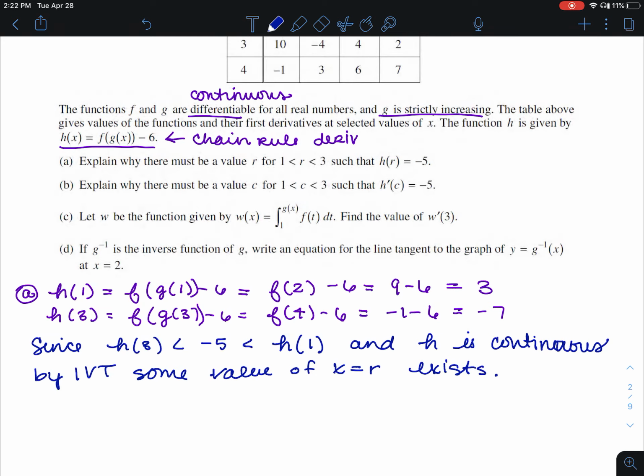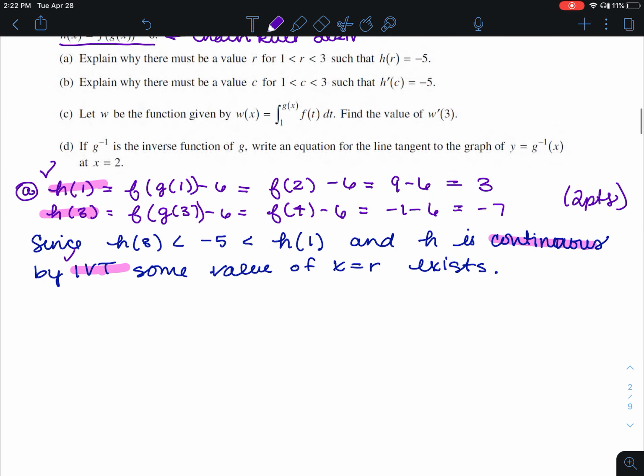And there's a couple ways to say it. You just want to make sure pointwise that you have found h of 1 and h of 3, and that you use the conclusion with IVT, right? So we have to state that it's continuous. This would have been worth 2 points. You get one point for getting h of 1 and h of 3, and then your conclusion.